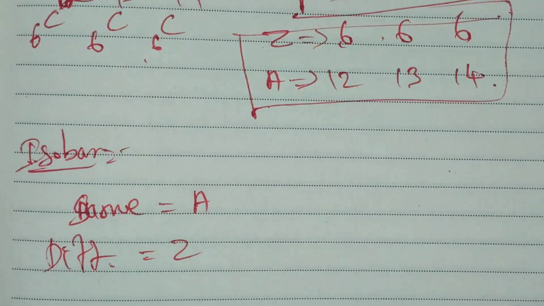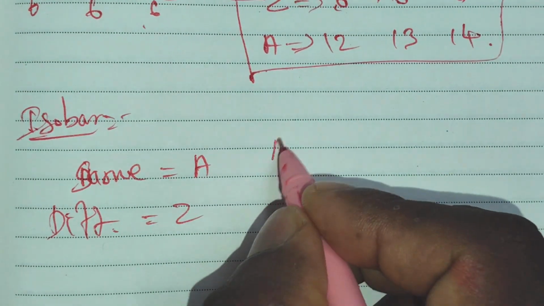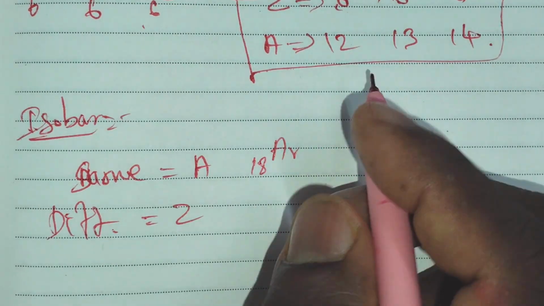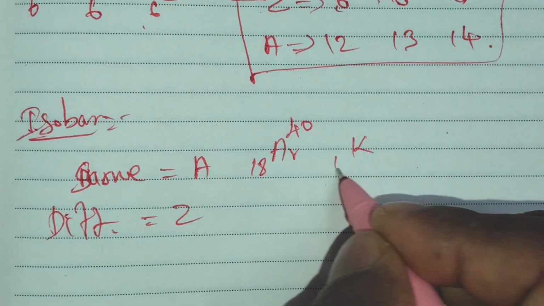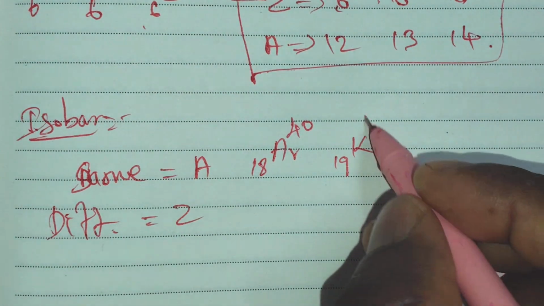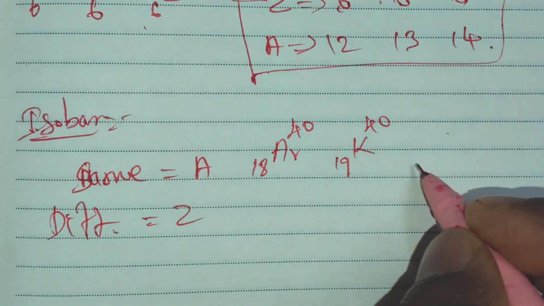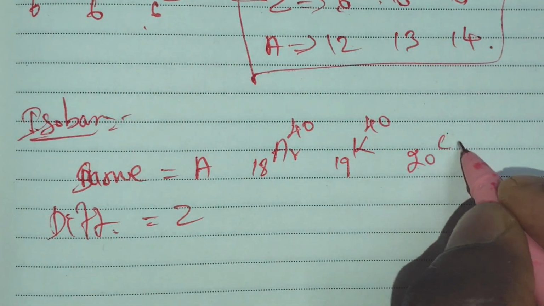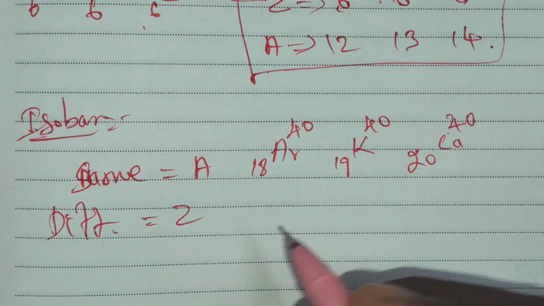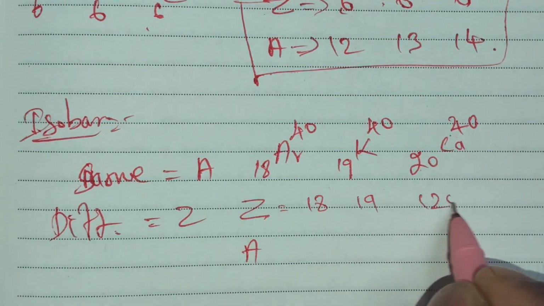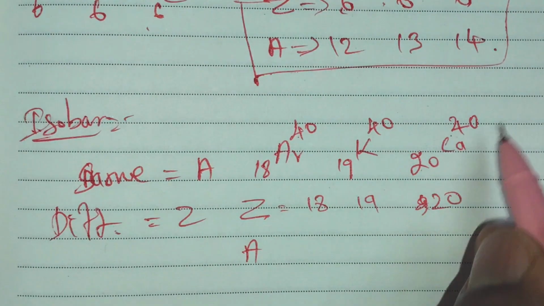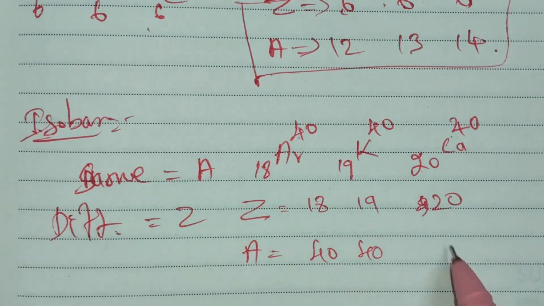For example, argon has atomic number 18 and mass number 40, potassium has atomic number 19 and mass number 40, and calcium has atomic number 20 and mass number 40. The atomic numbers are 18, 19, 20, and the mass number is 40, 40, 40.